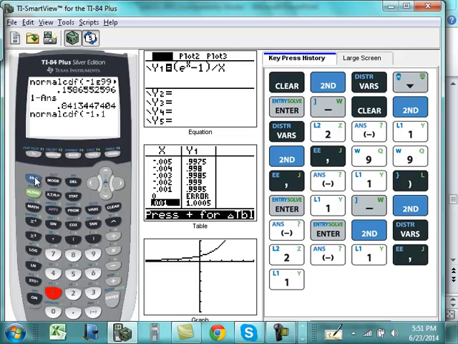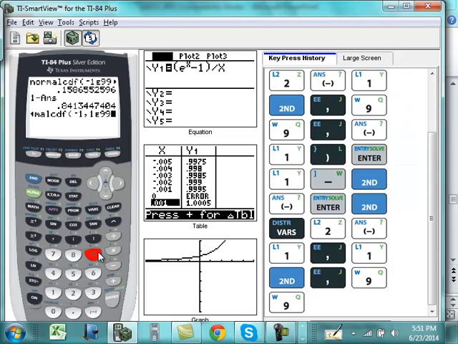So we'll go 1 times 10 to the 99th power and you get the same answer as before. So this tells you the area under the curve from x equals -1 to x equals 1 times 10 to the 99th power. X, z, same thing for this distribution.